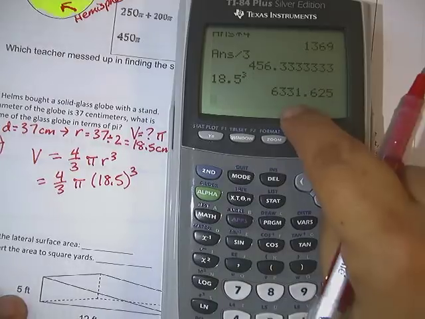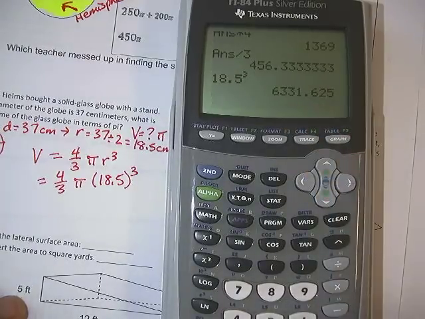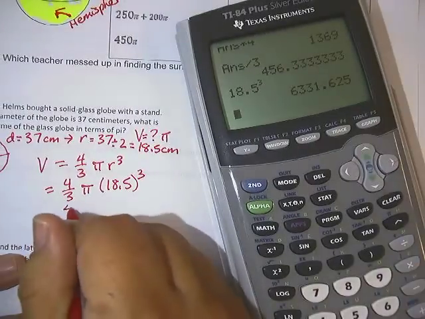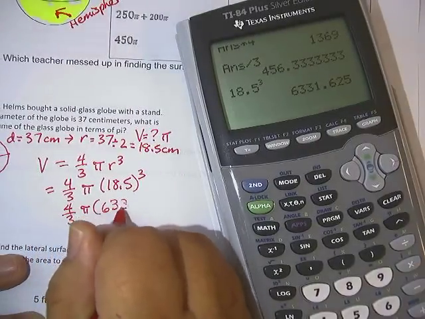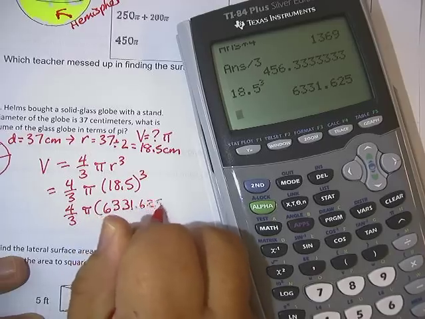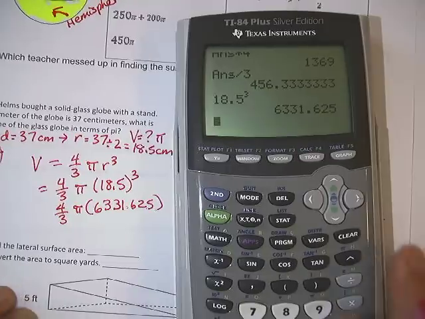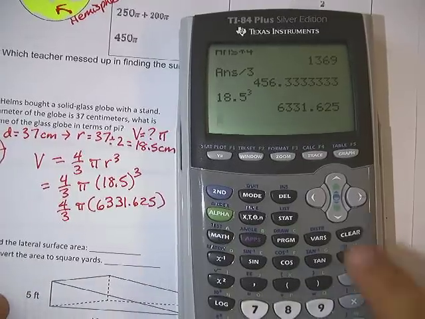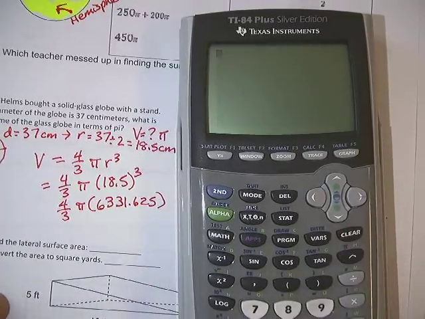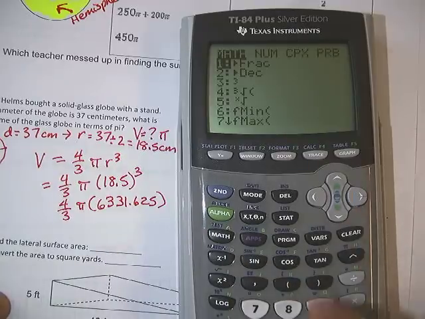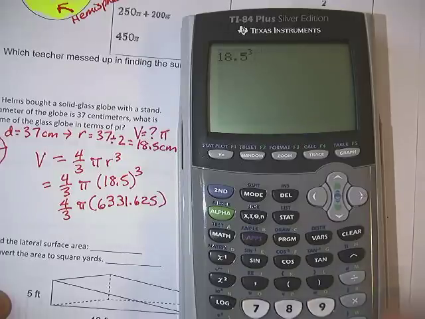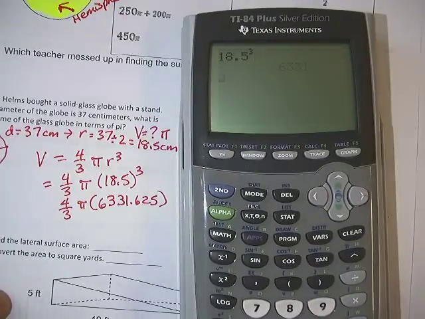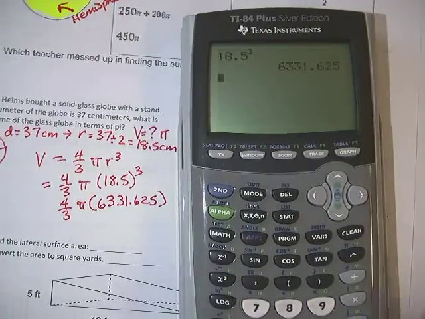And I get 6331.625. The other way you can cube, just to quickly show you, you can put in your number first, 18.5, then hit the math button, and you can see right there is the cube. It shows the little 3 on top, hit enter, and I get exactly the same answer.